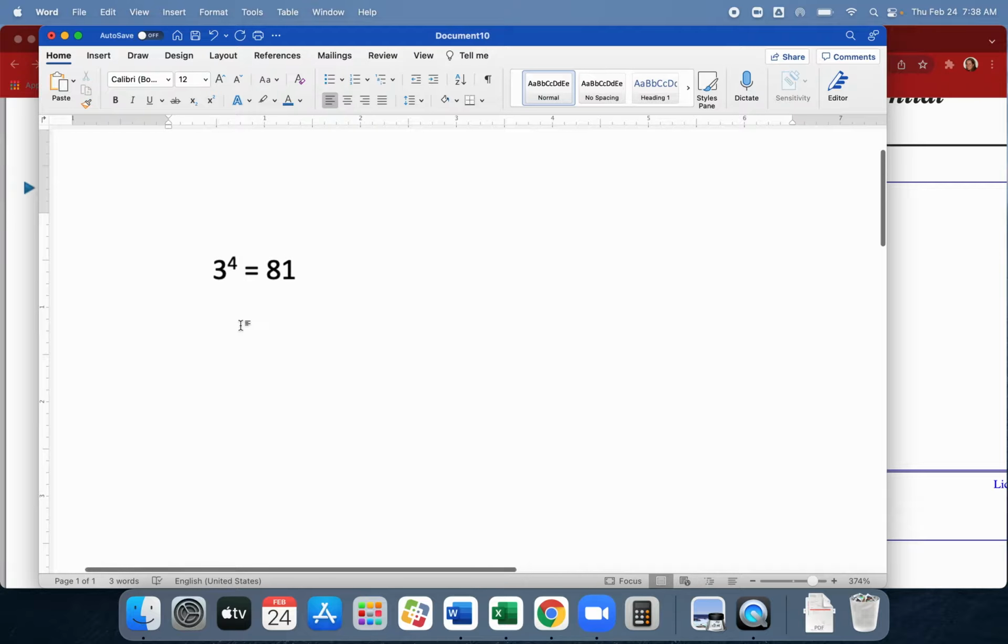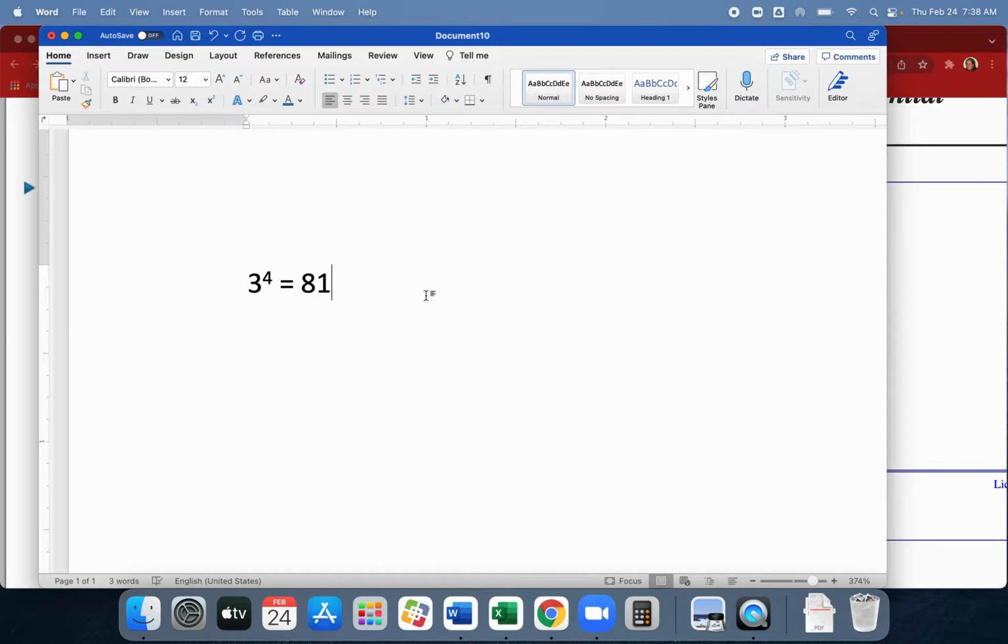So if I say 3 to the 4th power equals 81, this was the expression we were working on earlier. It said previously 3 to some power, and we were supposed to figure it out. Let me see if I can type properly this morning. Equals 81. So we figured out it was a 4 just by thinking, right?